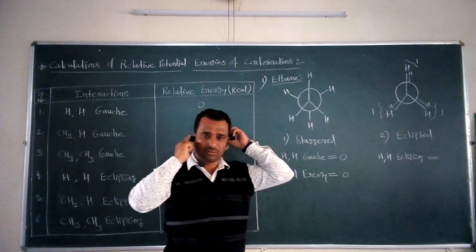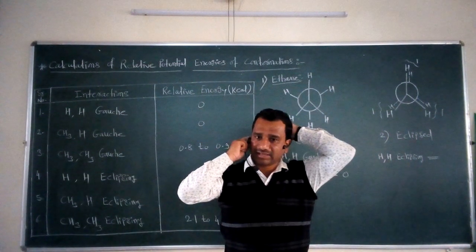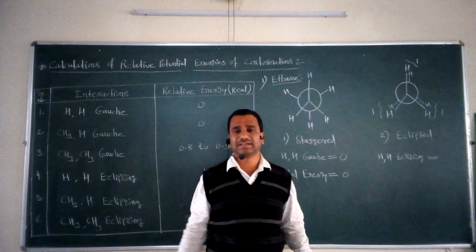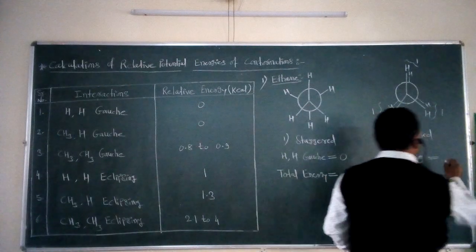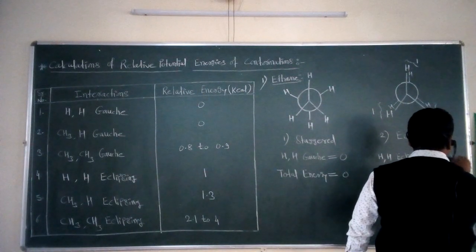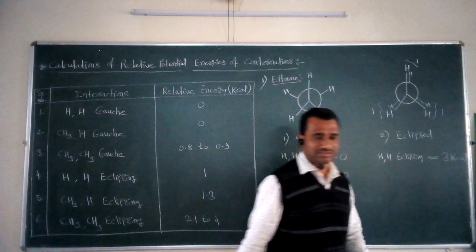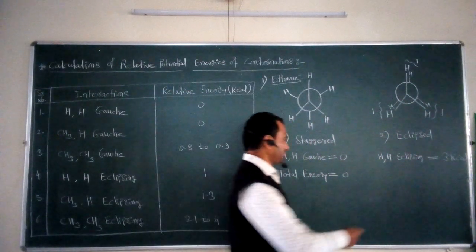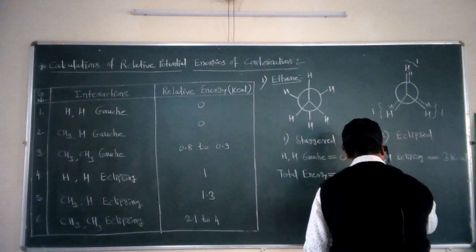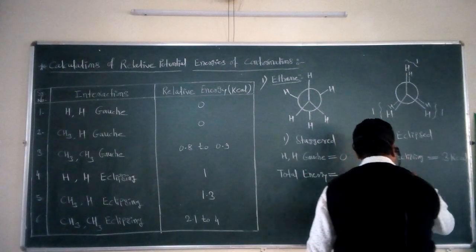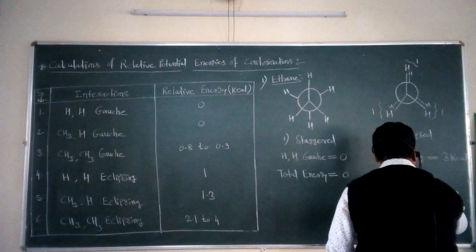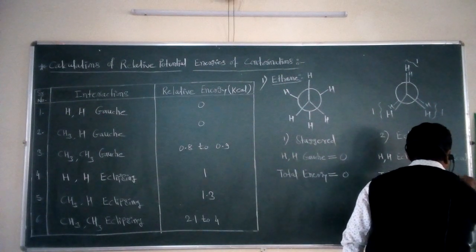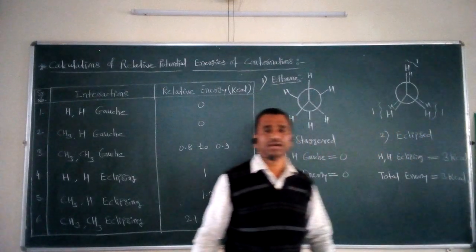If we add these 3 HH eclipsing interactions, they contribute 3 kilocalorie of energy, and that's why the total energy of this eclipse conformation of the ethane molecule is equal to 3 kilocalorie.